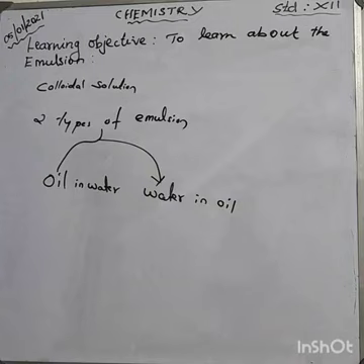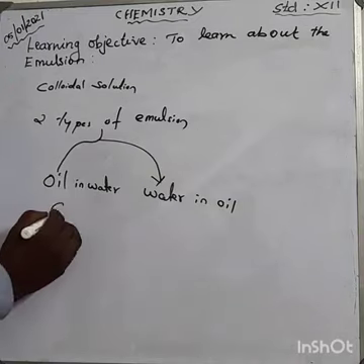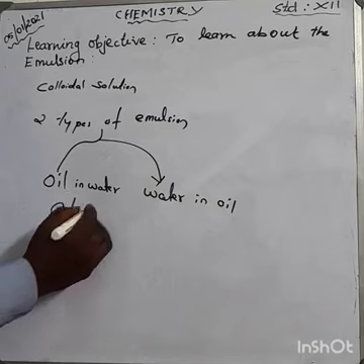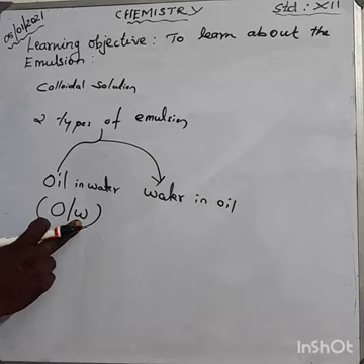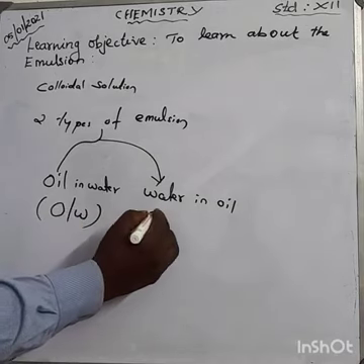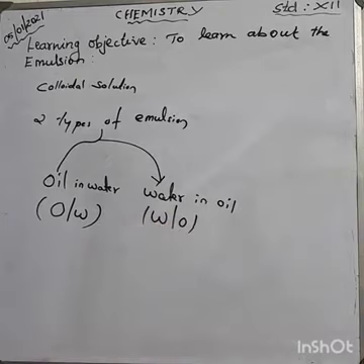These are the two types of emulsion. Here, for oil in water, O refers to oil and W refers to water. Here it is water in oil. Okay, these are the two types of emulsion.